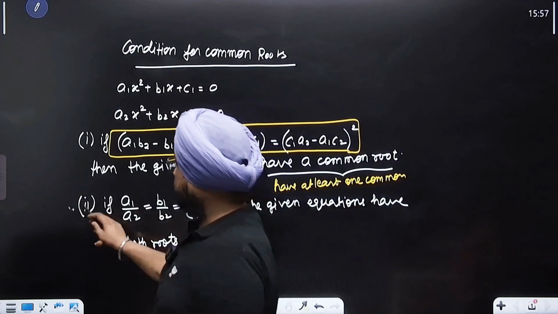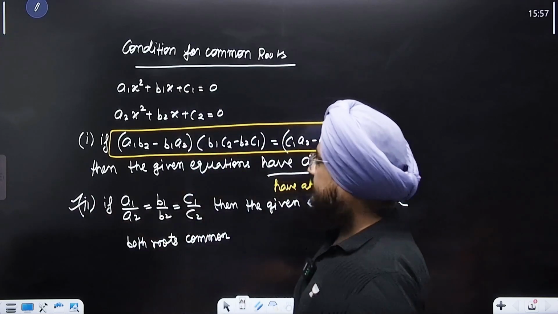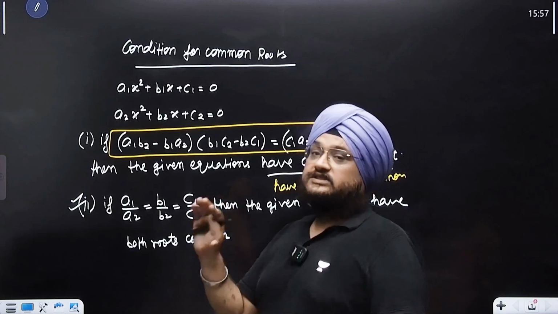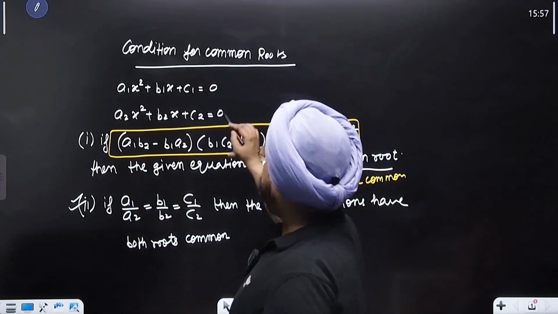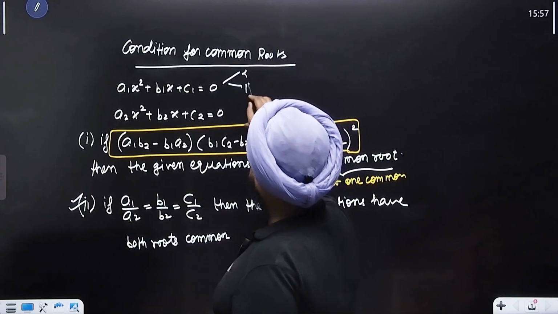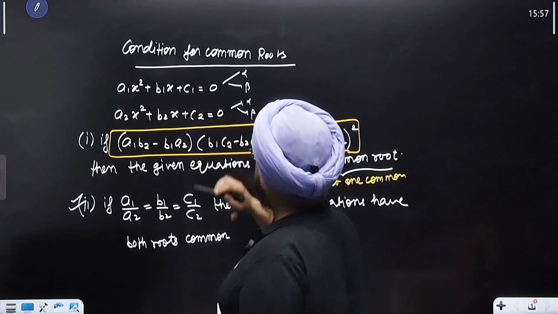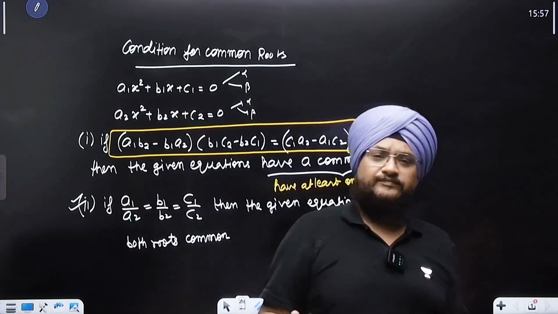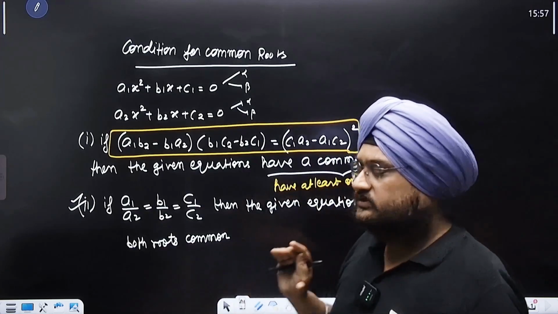First, we can easily see the second condition. If the equations have both roots common, this equation has roots alpha and beta, and this equation will also have roots alpha and beta. So I can say that both these equations are the same.